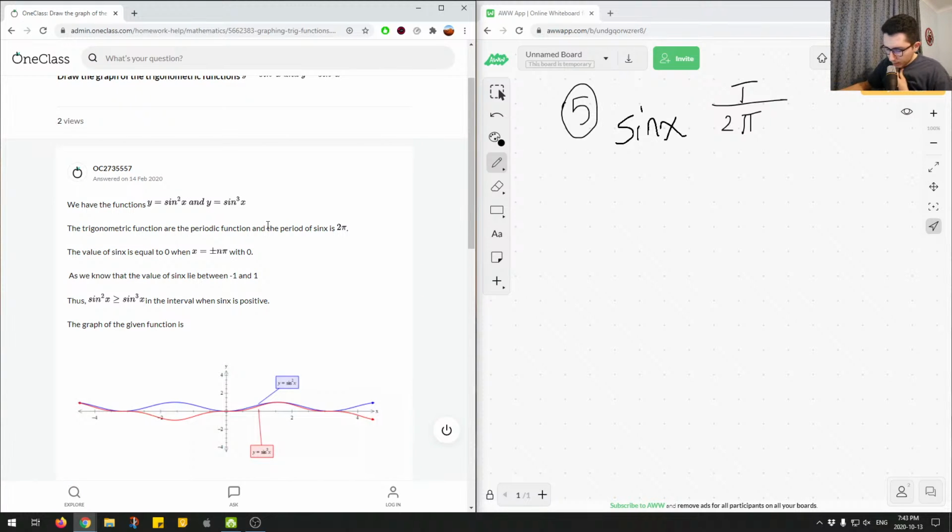So we'll try to explain what sine squared x and sine cubed x look like. For sine squared x, we know the period is also 2 pi. So based on this plot, we have from 0 to 2 pi. Actually, let me double check something over here.